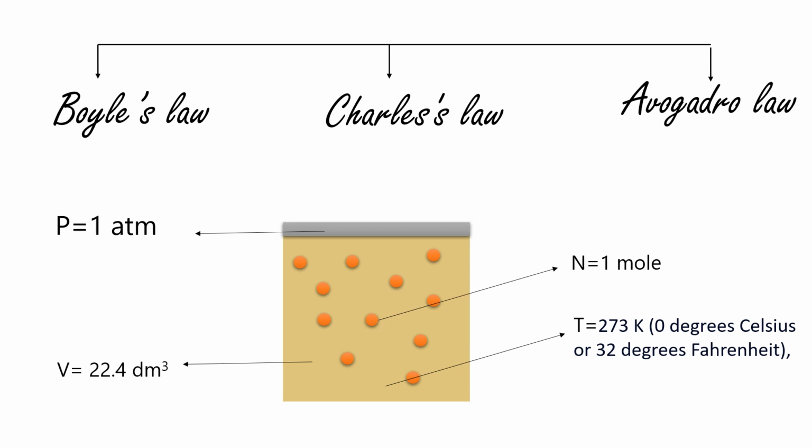As you all know, at STP the pressure is 1 atm, the volume is 22.4 dm³. The number of moles will be taken as 1 mole to measure approximately the temperature or pressure. The temperature used here would be 273 Kelvin, which is 0 degrees centigrade and 32 degrees Fahrenheit.